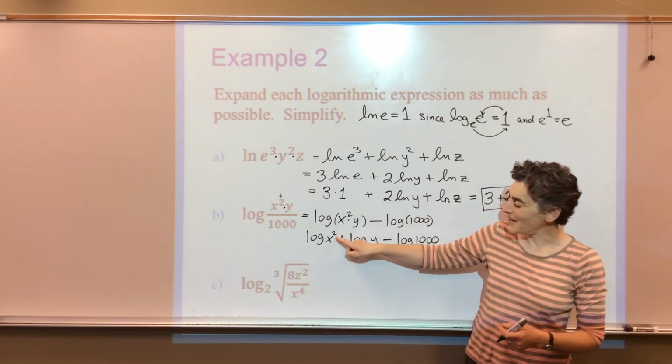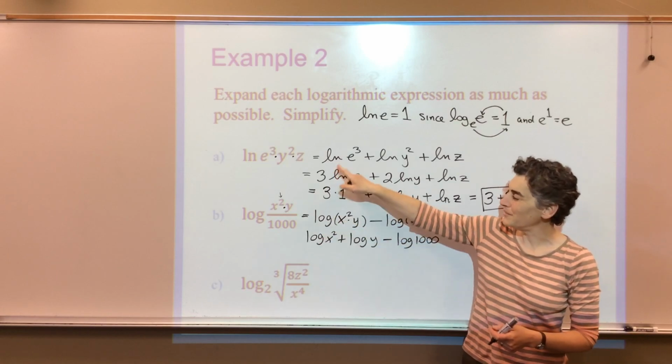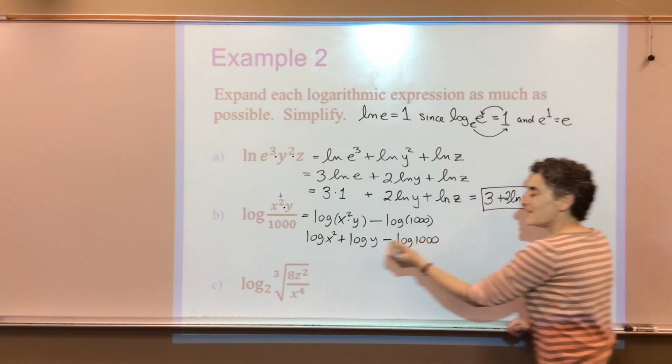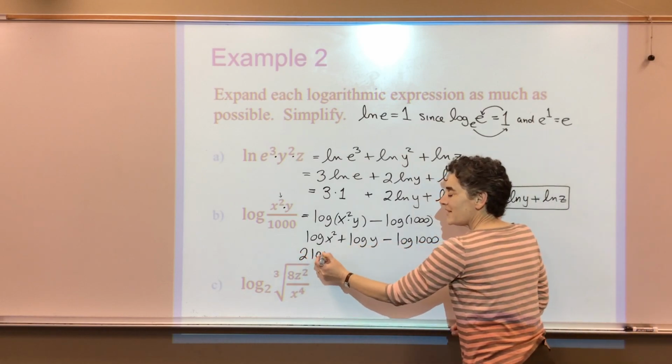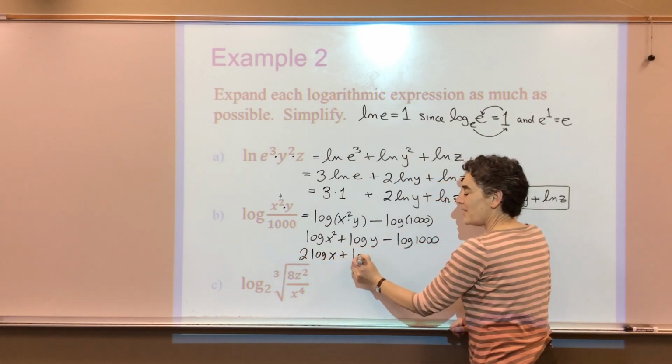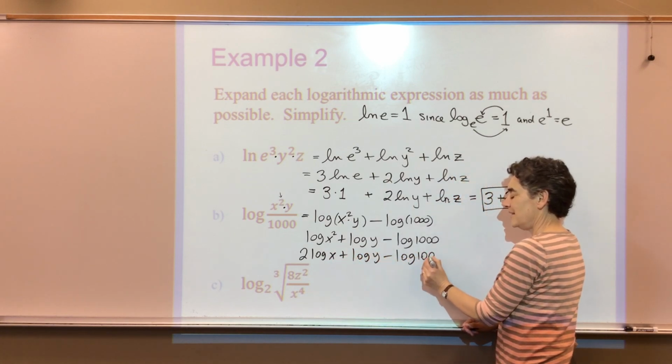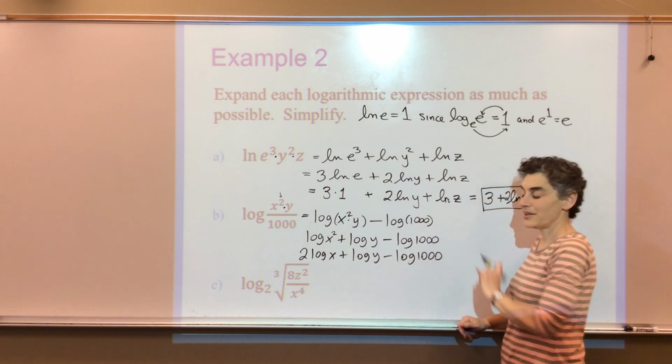Finally, the x has a power on it, so we can use the power rule like we did with the 3 and the 2 in part A. And we would get 2 times log of x plus log of y minus log of 1000. And that's as expanded as it's going to get.